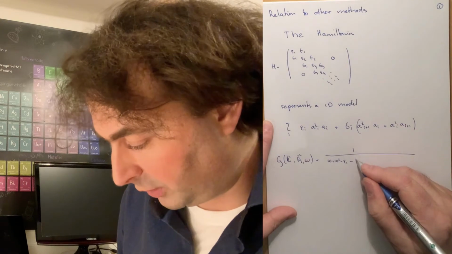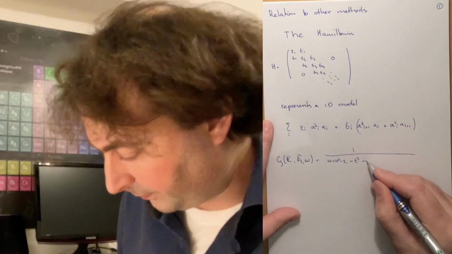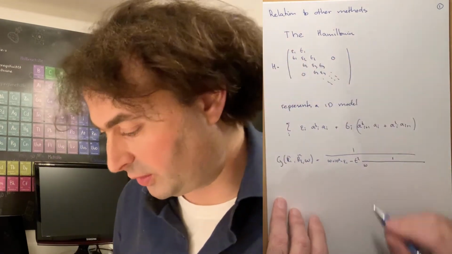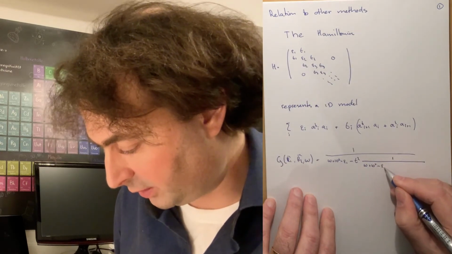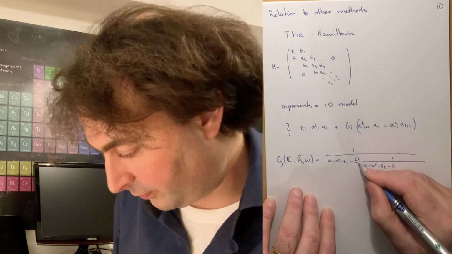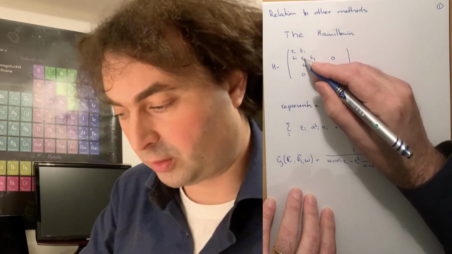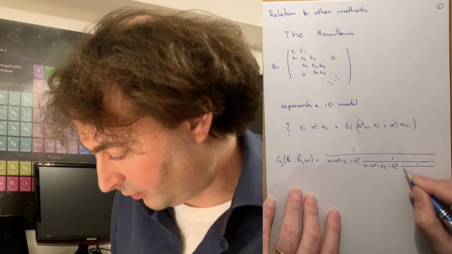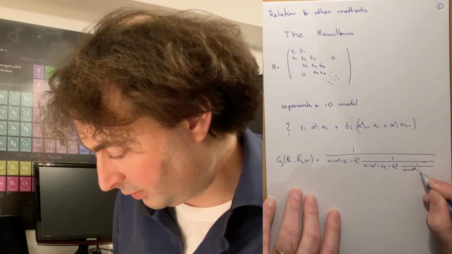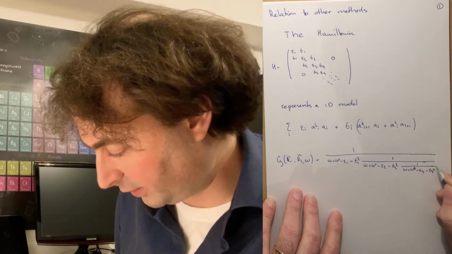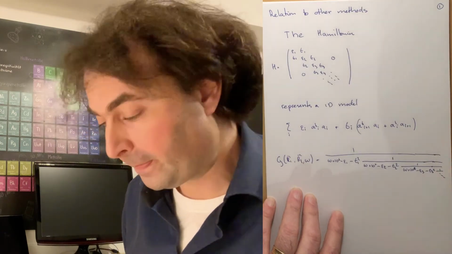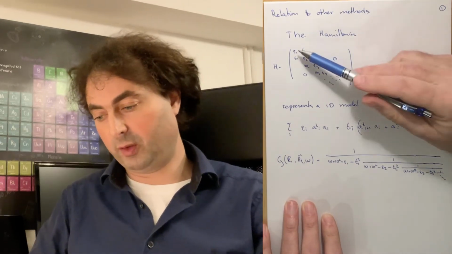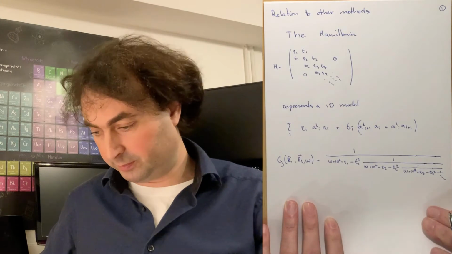You couple in there with t, you couple out there with t, t squared, and then the Green's function of the rest, which is the Green's function of adding or removing a particle to the second site, omega plus i0 plus minus epsilon 2, which we again can do by looking at the Green's function of this site and how it couples to the rest, omega plus i0 plus minus epsilon 3 minus t_3 squared, etc. So we immediately get a continued fraction for the local Green's function starting from a Hamiltonian that is band diagonal, that represents a one-dimensional model.